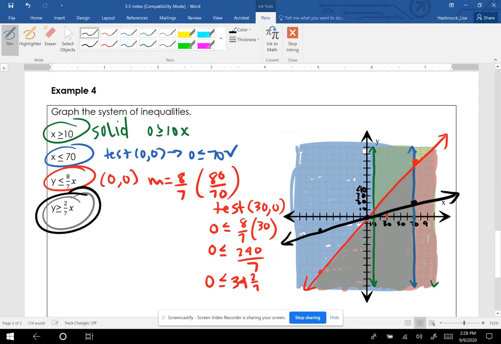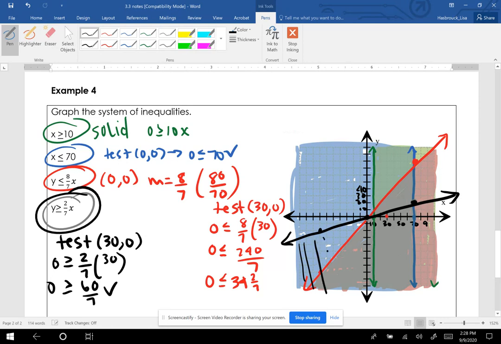Again, we can't use 0, 0 to test it, but we could use that 30, 0 again. So I get 0 is greater than or equal to 2/7 times 30, greater than or equal to 60 over 7. Well, 60 divided by 7 is going to be bigger than 0, right? So we'd shade on that side again. Now I'm just going to use the black marker this time.